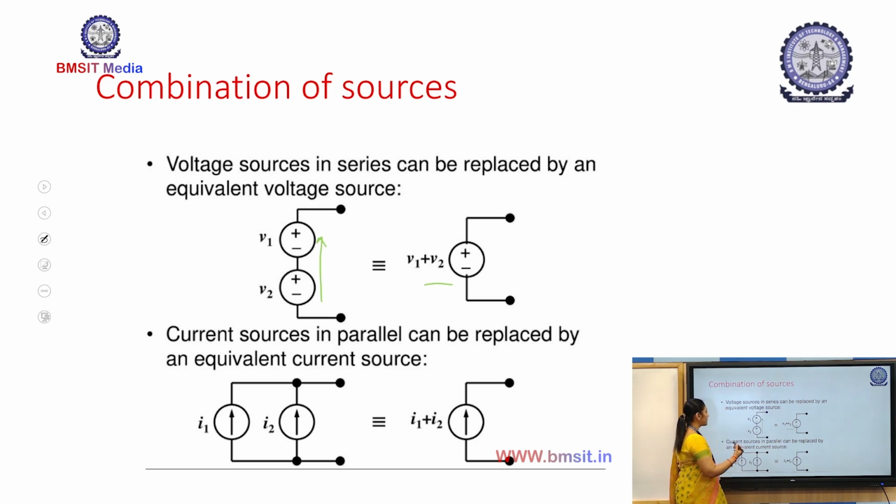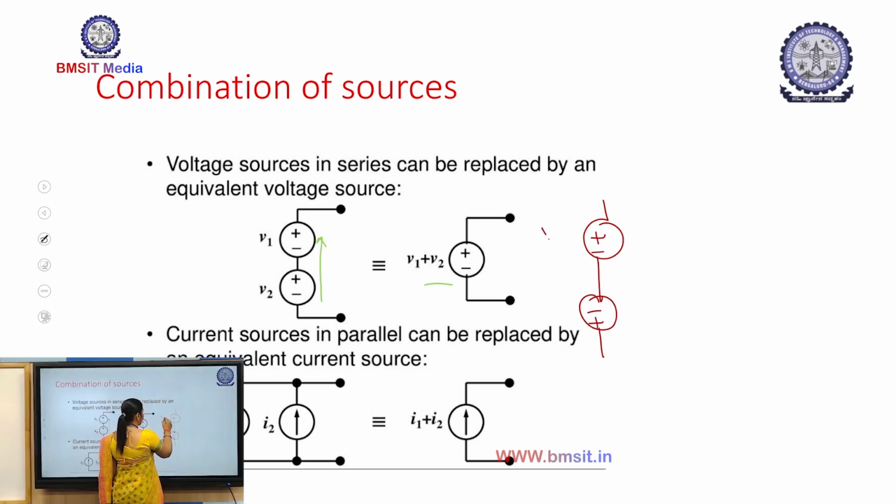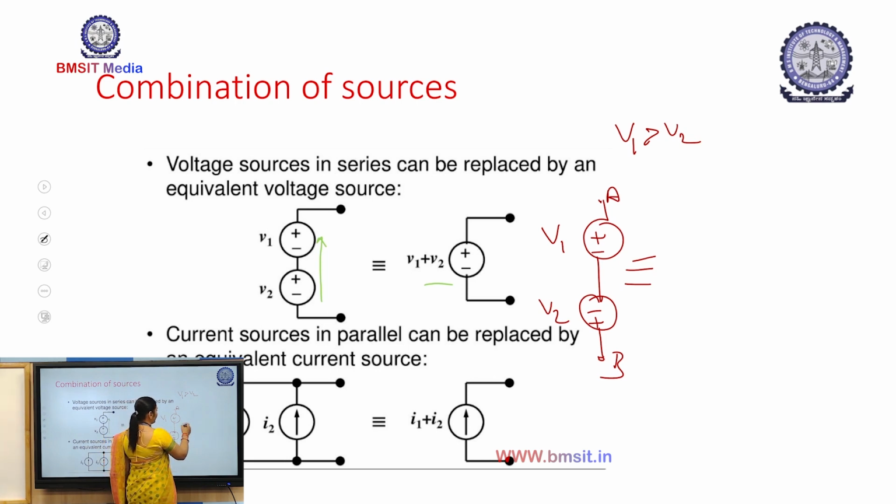That is possible. Suppose I have voltage sources connected like this. This is V1 and this is V2. Let us say V1 is greater than V2. Then we can replace this with a single source across the terminals A and B. Since V1 is greater than V2, it is replaced with a single source of V1 minus V2.